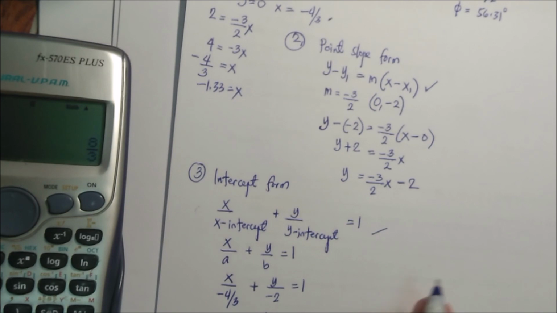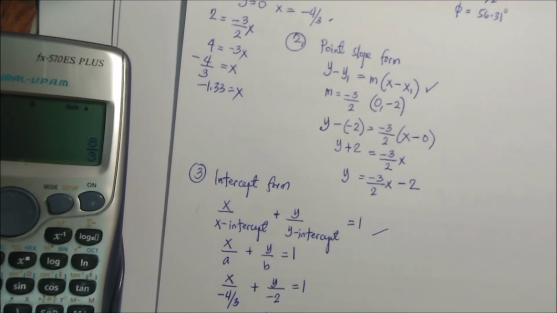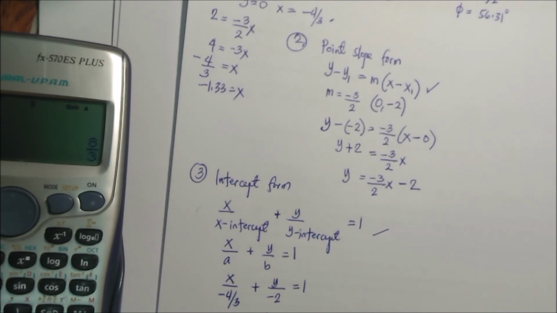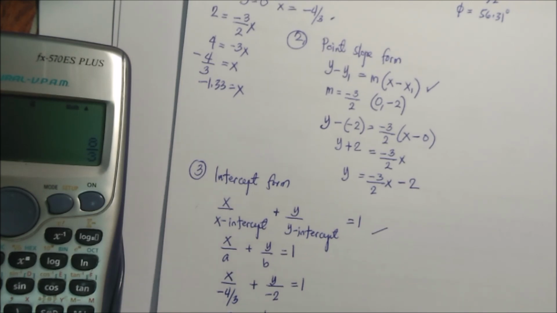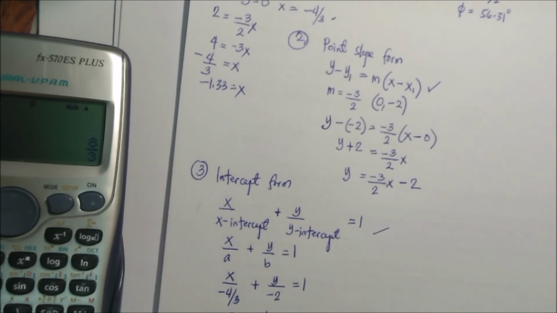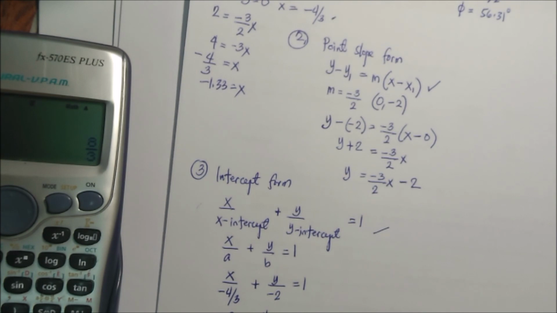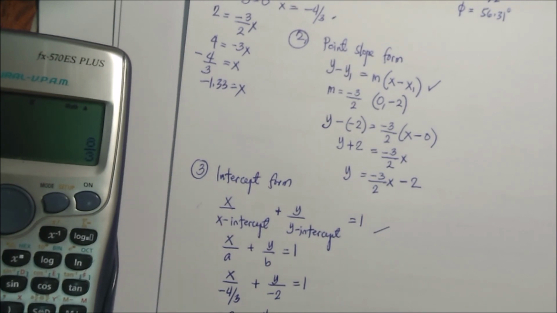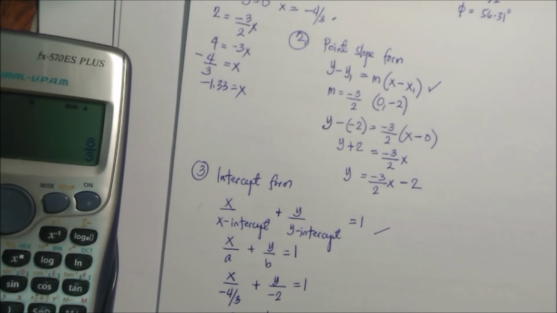Cross multiply with the other side, we have negative 2x minus 4/3 y equals 8/3. Now we will multiply again by 3 to eliminate the fraction. We have 3 times negative 2x, that is negative 6x. 3 times 4/3, we can eliminate this one, so the remaining will be negative 4y, and that will become 8.